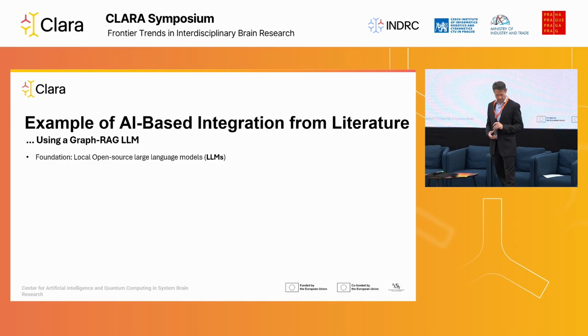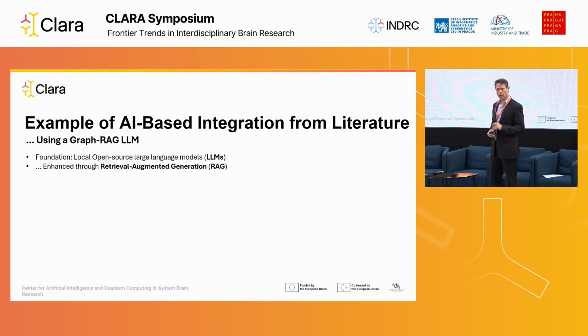And so we used a very simple LLM, a large language model. It's local. It's not even on the cloud. It runs on the laptop. And we propose to enhance its context base using what's called RAG, or Retrieval Augmented Generation.